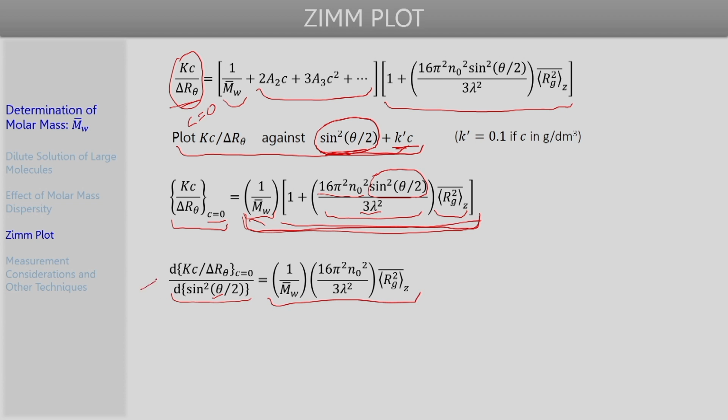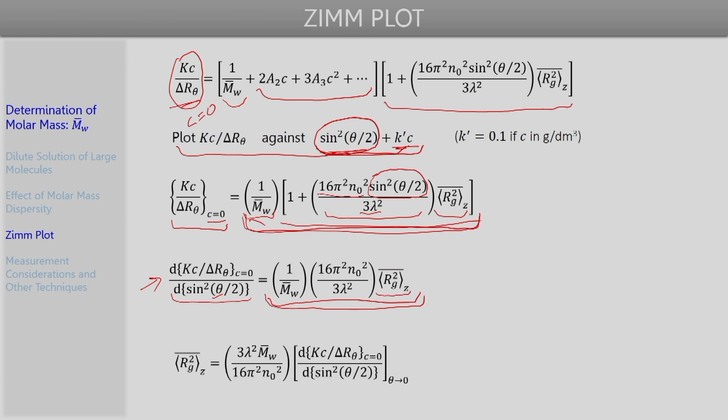The derivative that we have here is given by this expression, and again just by rearranging the terms we can obtain an expression for this z average mean square radius of gyration. Just rearrangement gives us this equation. So we see that we have this term prefixing this derivative, and this Mw bar we already know from the common intercept that we discussed previously.